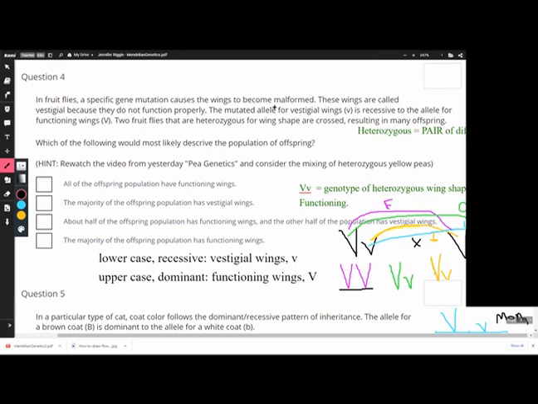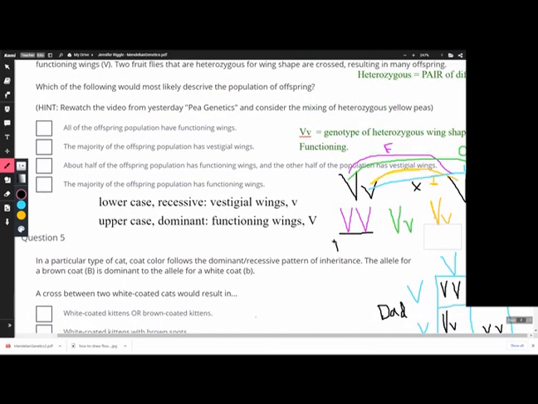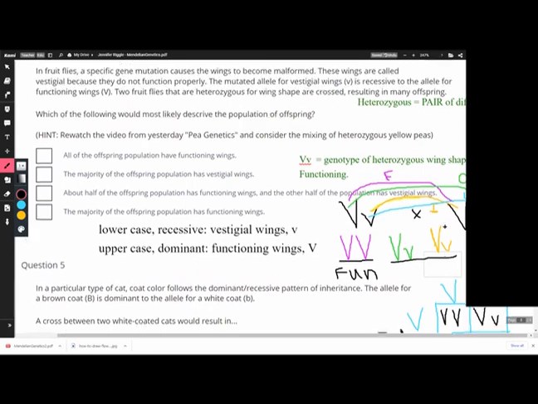So in fruit flies, the lowercase v is vestigial. The uppercase V is functioning. So with capital V, you're going to have functioning wings. I'm just going to write it as fun. These two right here with capital V, lowercase v: am I going to have functioning wings or vestigial wings? Remember which one is dominant.